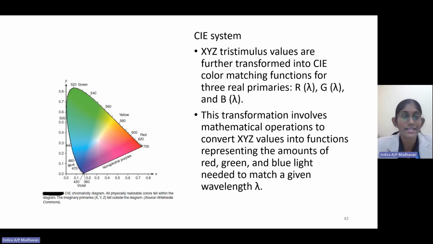Okay, so this X, Y, Z tristimulus value is further transferred into CIE color matching functions for three real primaries: red, green, and blue. This transformation involves mathematical operations, converting into vector components and all that. So they further develop all this into a CIE diagram like this.